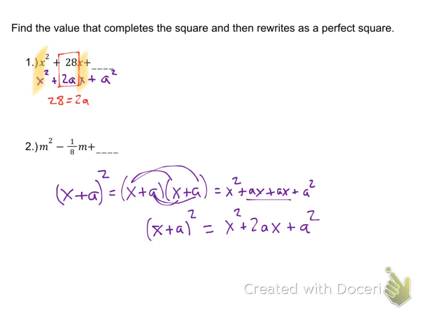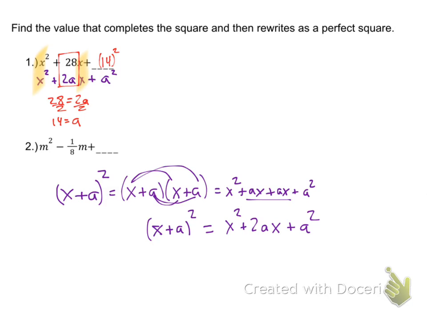Oh, what's a? 14. Divide by 2. It's 14. Is a used again in that trinomial? Yeah. Where? At the very end. It says what? Squared. So, wait a minute. Should I write that then as 14 squared? Yes. And that 14 squared actually does have a value.